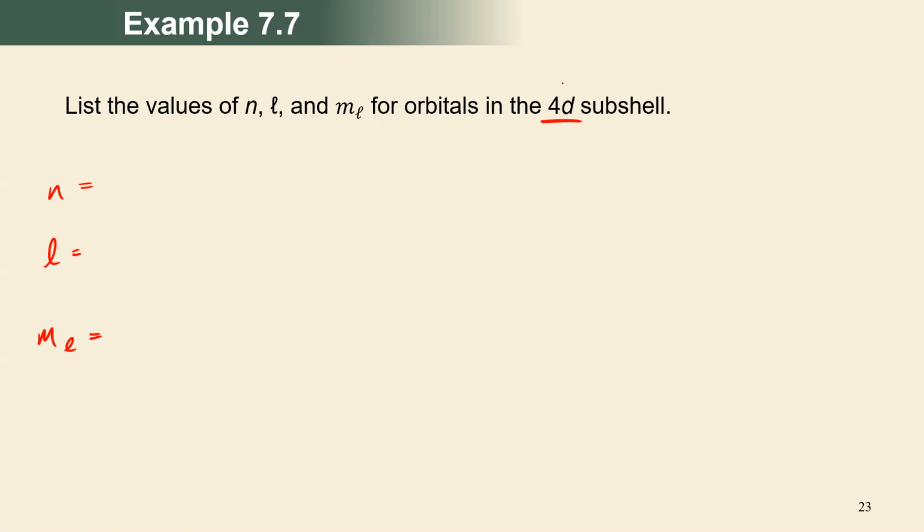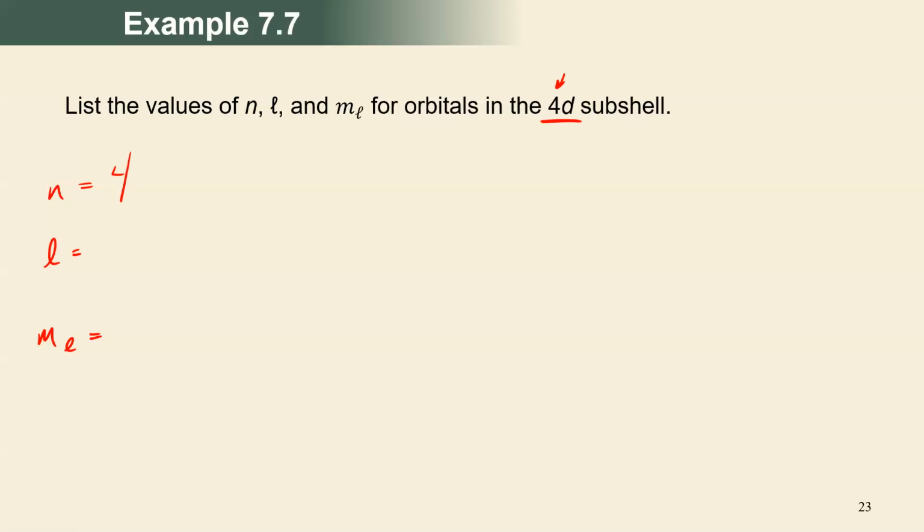No. What does this 4 tell us? So remember that 4 is the value for n. Whenever we are giving you a subshell, we tell you what the shell is first, n equals 4, and then we tell you the subshell with a letter. And so for the 4d subshell, n has got to equal 4.